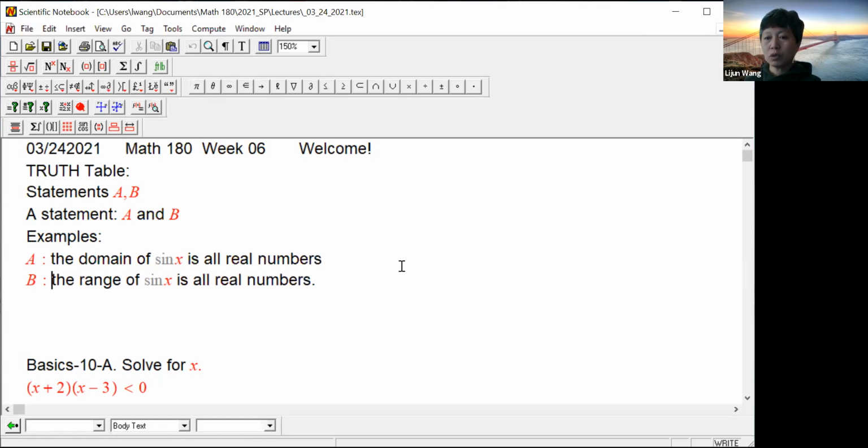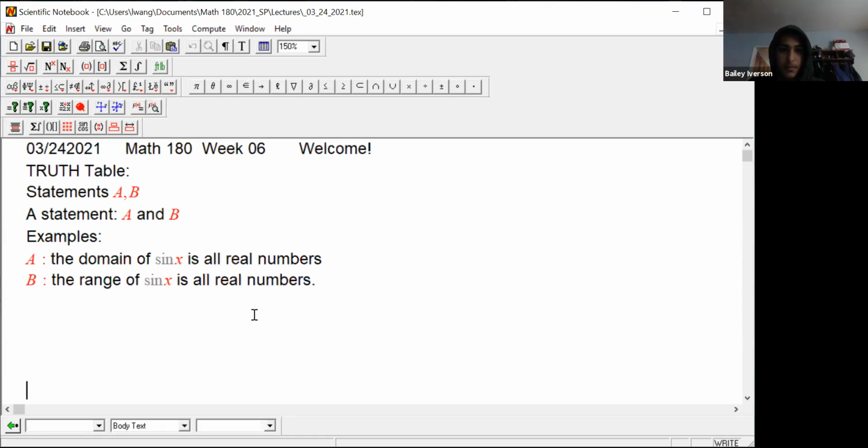Which one is true, which one is false? A is true. How about B? It's false because the range is -1 to 1. That's right, B is false. A is a true statement, B is a false statement.